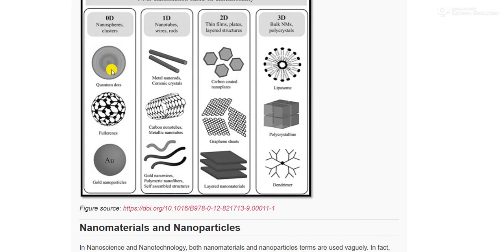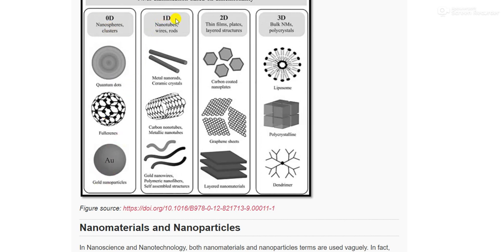All these are dots, or nanospheres. Nanospheres means it is simply composed of a cluster, a group of few atoms, and it will lie in a very small range, within this nano range. So these are called 0 dimensional nanomaterials.